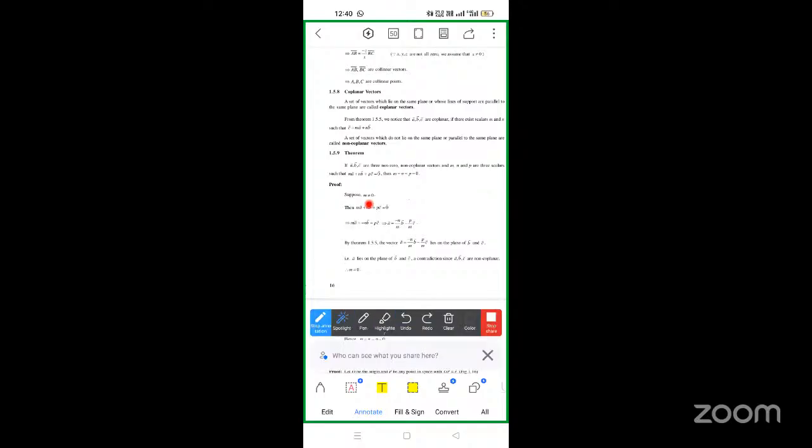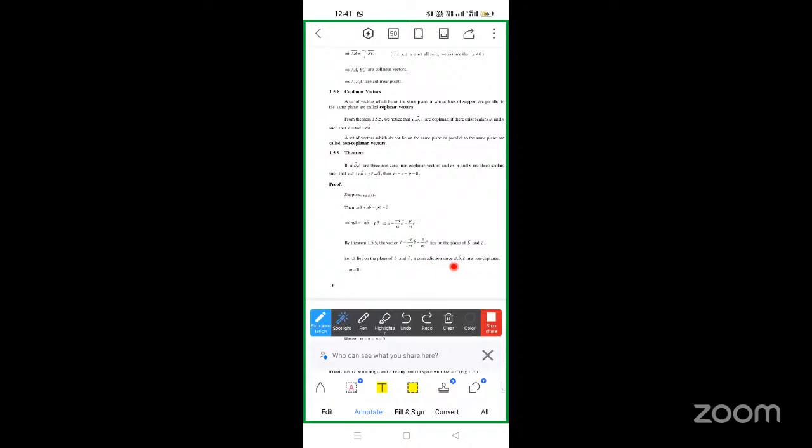Suppose m is not equal to 0. So we can write a bar is equal to minus n by m into b bar minus p by m into c bar. So by using theorem 1.5.5, the vector a lies on the same plane as b bar and c bar. So a bar lies on the plane of b bar and c bar.